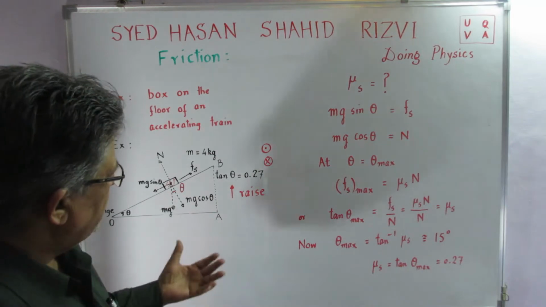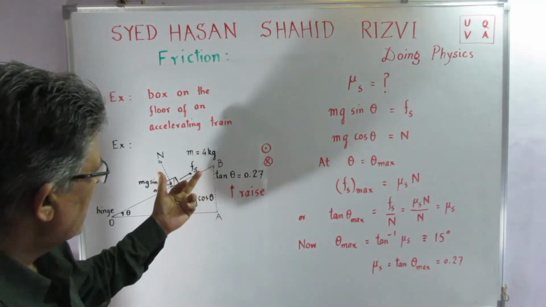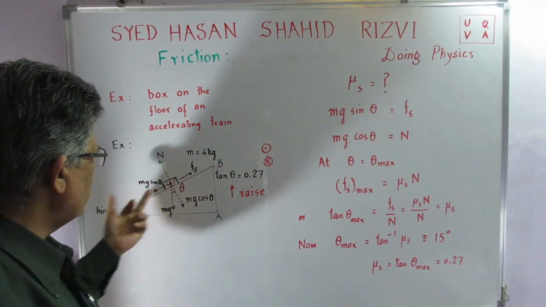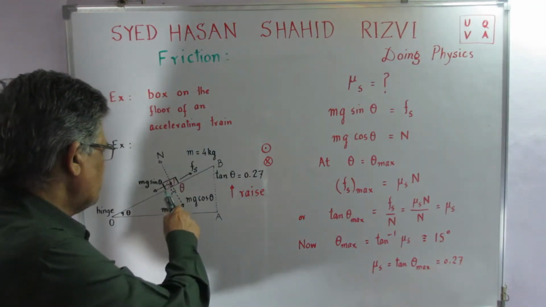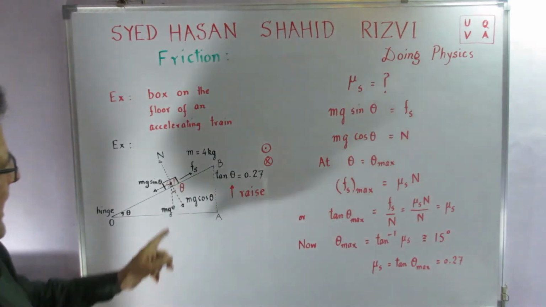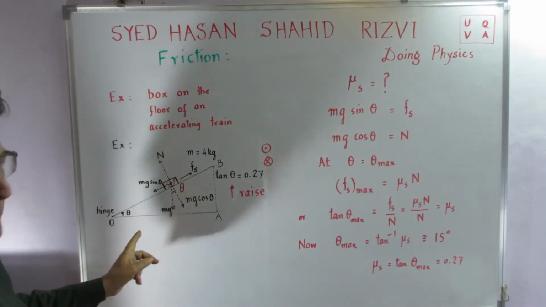Now the system starts sliding on this couple of surfaces, the surface of the box and the surface of the incline.